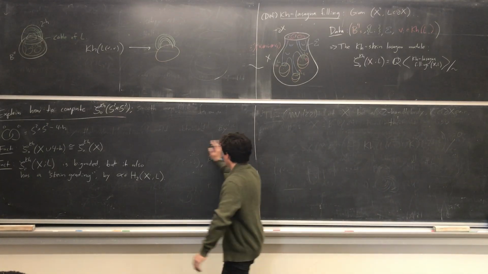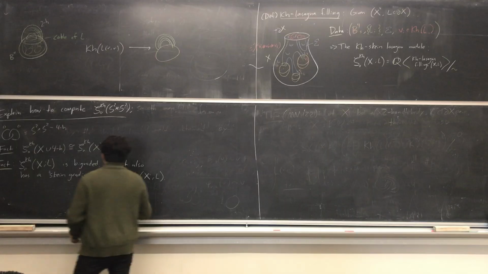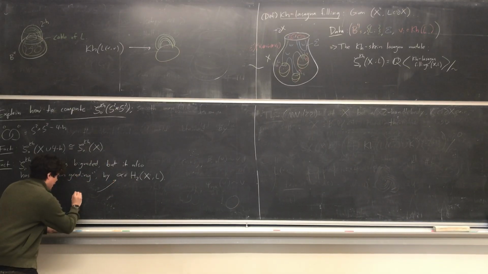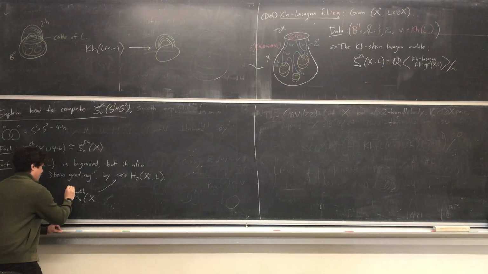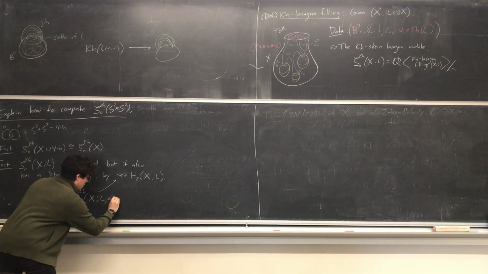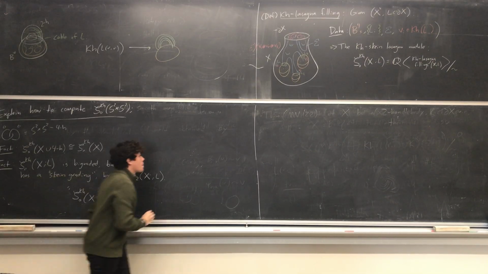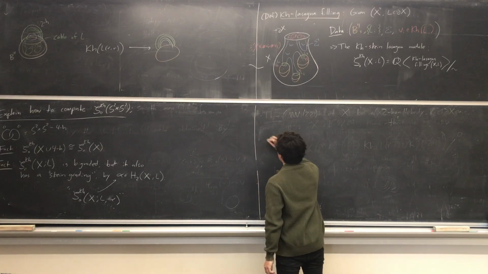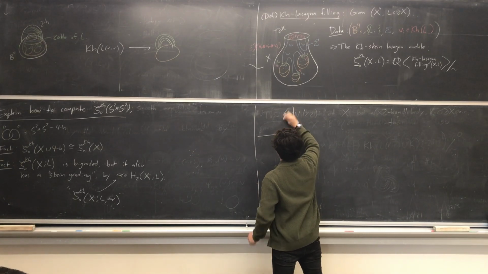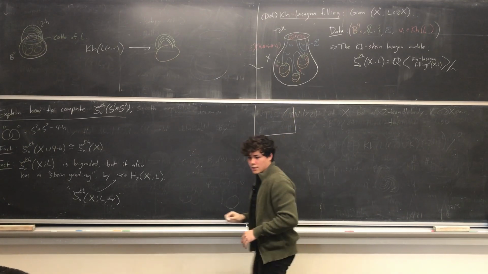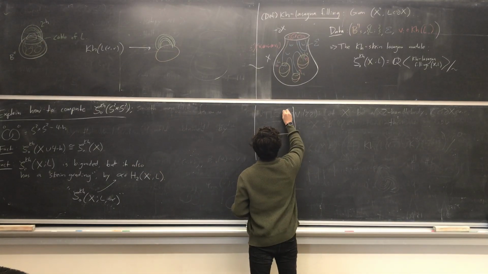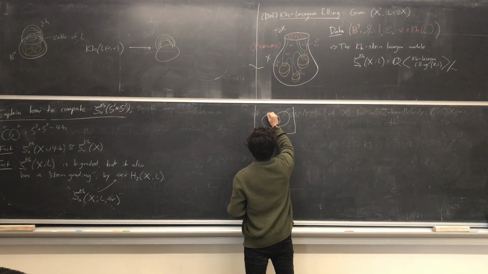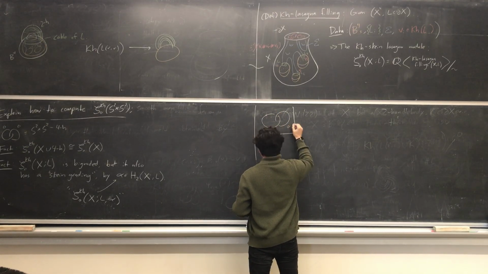Okay. And so if I'm specifying a Skein grading, I will write it like this. And I will be specifying a Skein grading here. So let's choose this diagram, 0, 0.